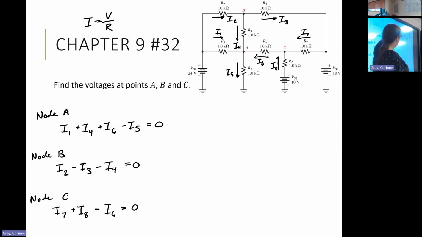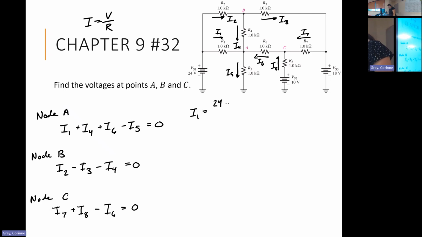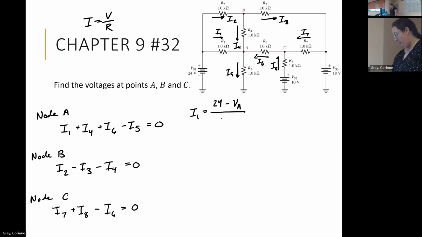All right, so I have 24 here. And then as I go across I1, I'm then going to have voltage A. So for current 1, this is going to be equal to 24 minus VA over my 1 kilo ohm. That is how I would solve for the current I1.